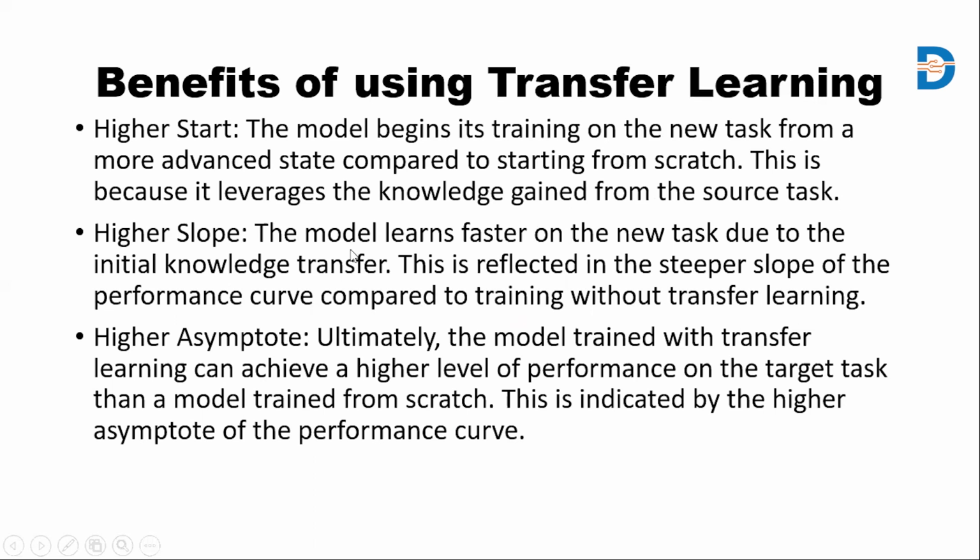Higher slope: the model learns faster on the new task due to the initial knowledge transfer, and this is reflected in the steeper slope of the performance curve compared to training without transfer learning. And what is the meaning of the higher asymptote? Ultimately, the model trained with transfer learning can achieve a higher level of performance on the target task than the model trained from scratch, and this is indicated by the higher asymptote of the performance curve.